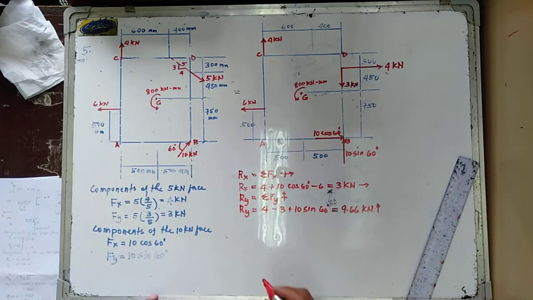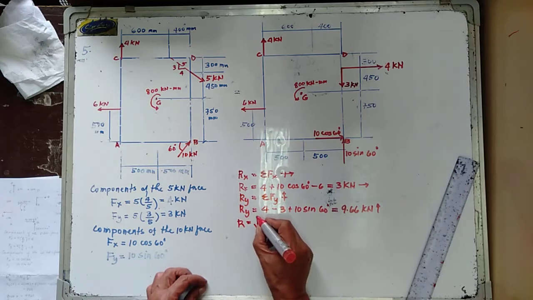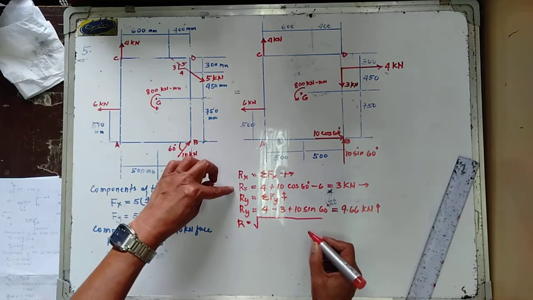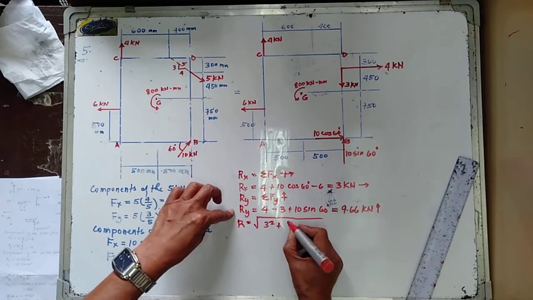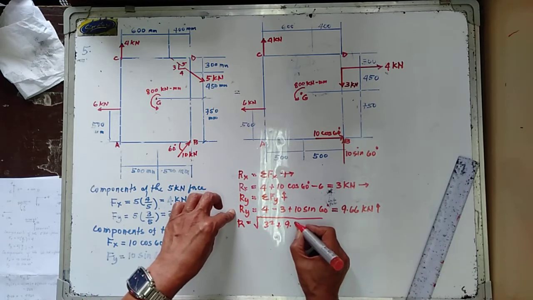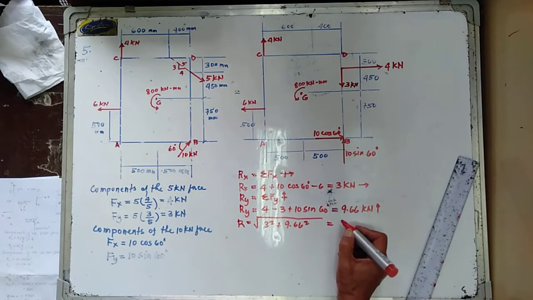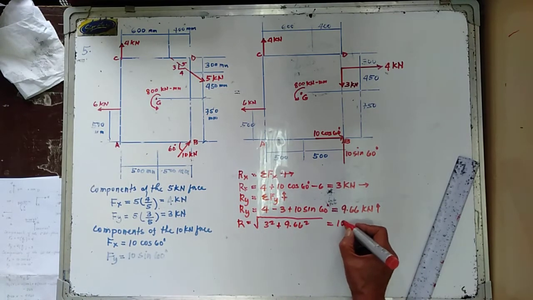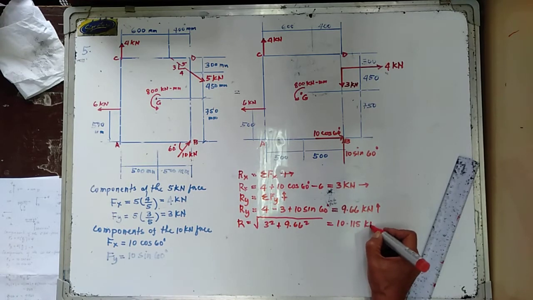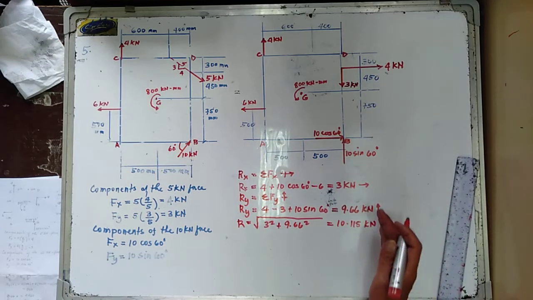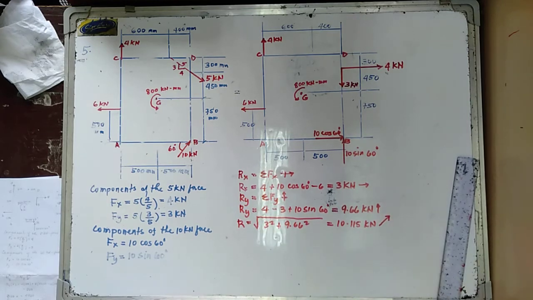To determine the resultant force R, this is equal to the square root of Rx squared, 3 squared, plus Ry squared, 9.66 squared, and the resultant is equal to 10.115 kilonewtons, going up to the right.